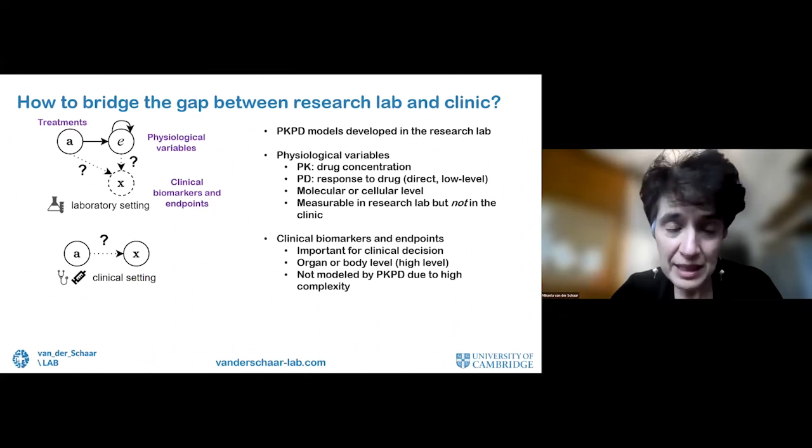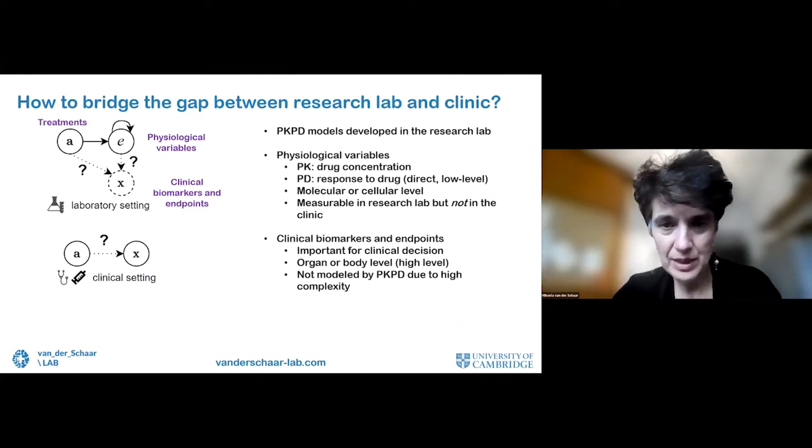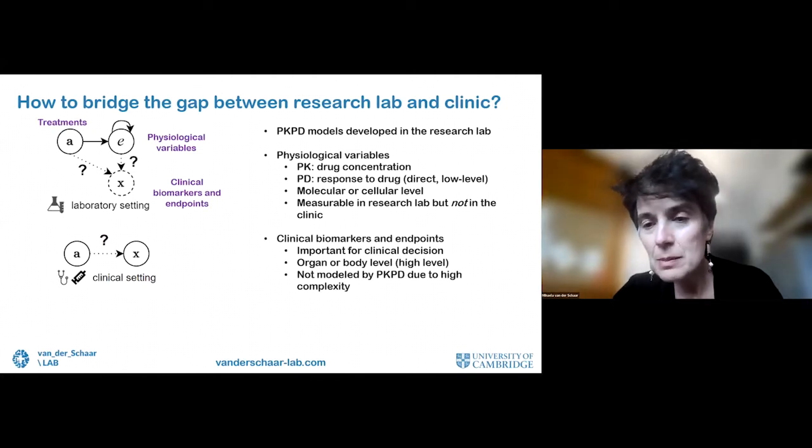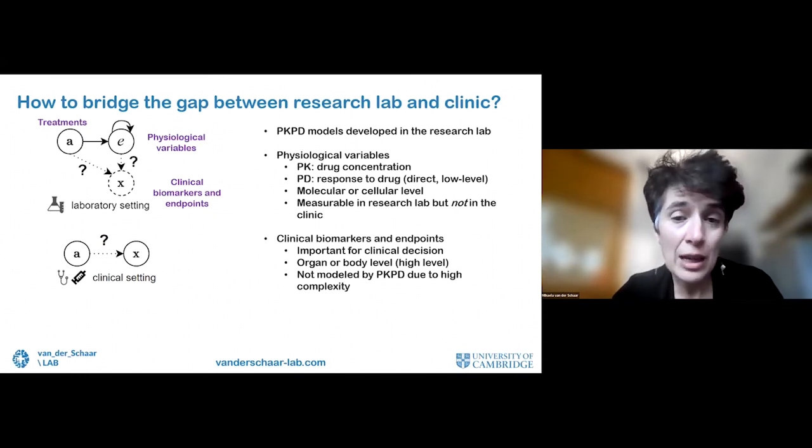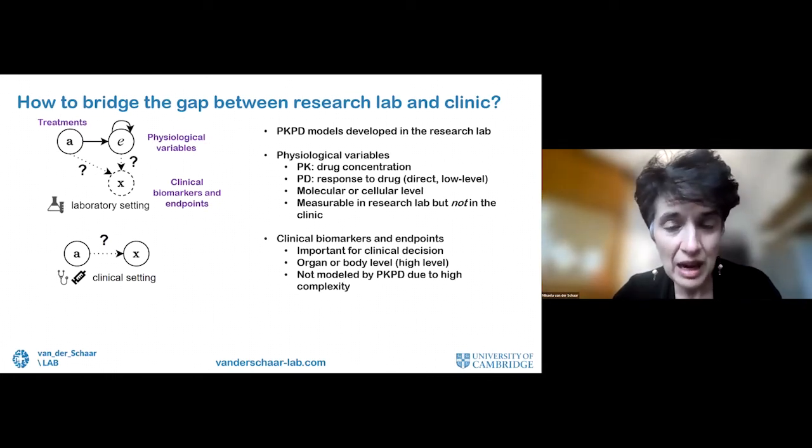Instead, we observe clinical biomarkers and endpoints, and they are important for clinical decision-making, but they do not take these valuable PKPD models into account, due to their high complexity and the unobservability of many of these parameters. So these two worlds of pharmacology and of clinical decision-making are often not interacting.